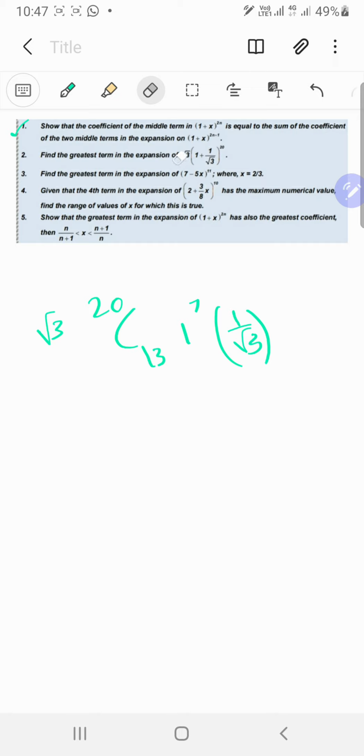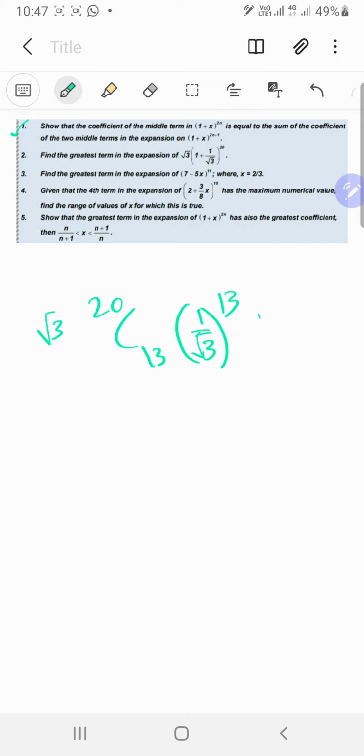I'm making the same mistake once again. It's (a + b) power n, and choose r, and a power n minus r.